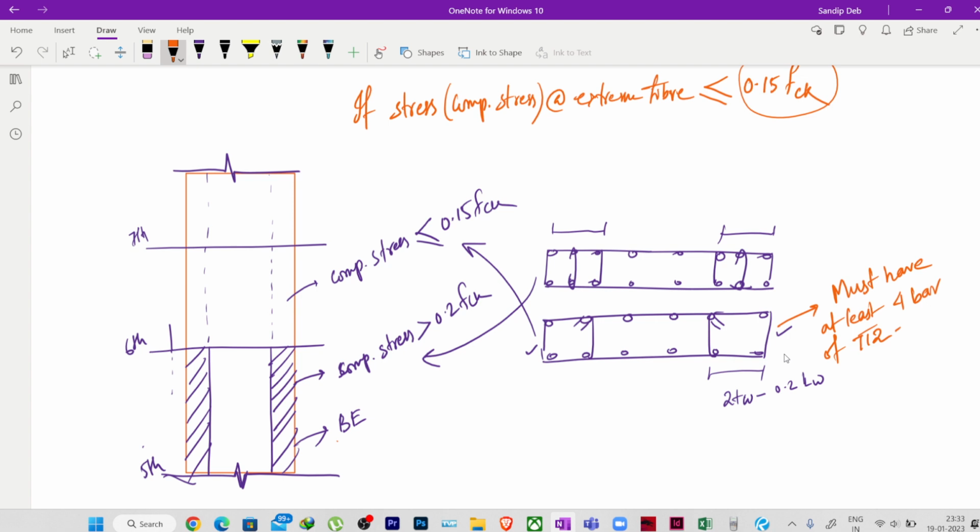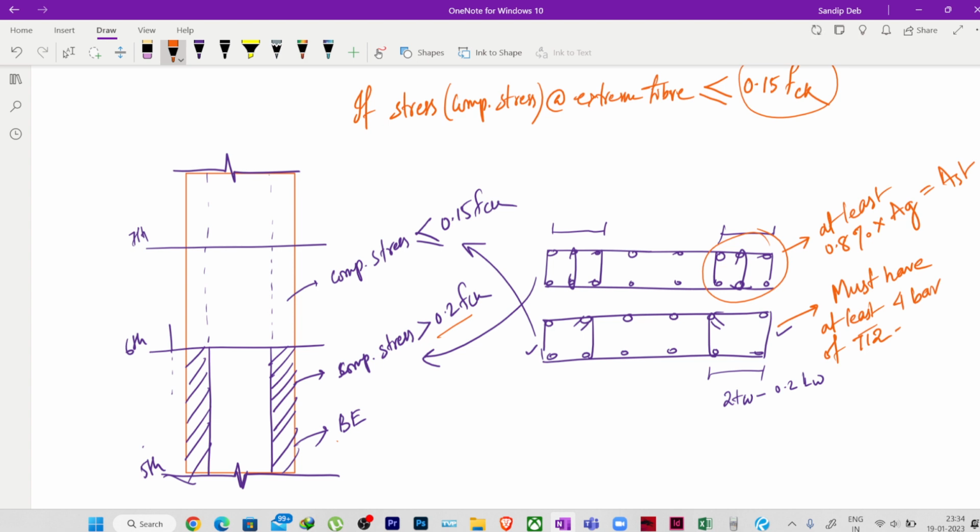Fine. But when you are designing the ends as boundary elements, when the stress is greater than 0.02 FCK, in that case remember, at least 0.8% AST you have to provide. 0.8% of gross area you have to provide as AST when you are designing it as boundary element.